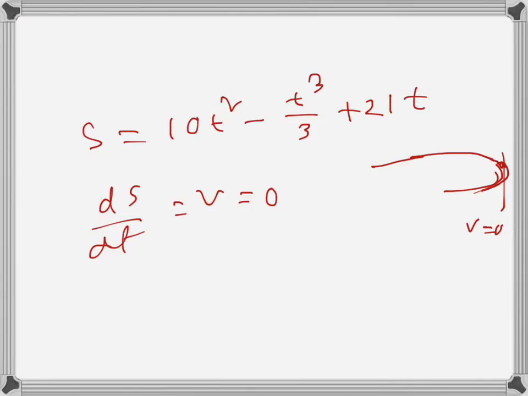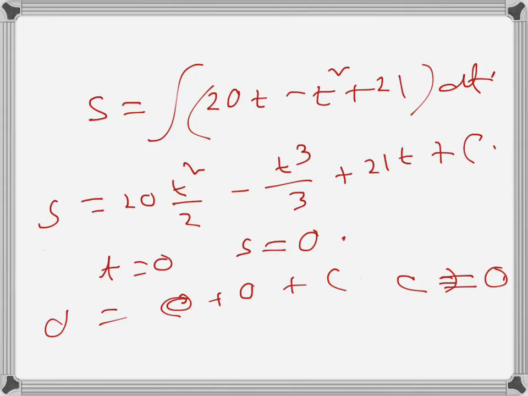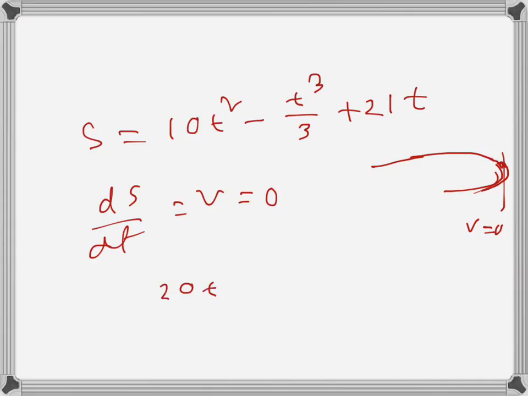So if we equate the velocity equation to 0, which is 20t minus t square plus 21 is equal to 0, I will do the middle term factor. So t square minus 20t minus 21 equals 0. So we get t square minus 21t plus t minus 21 equals 0.